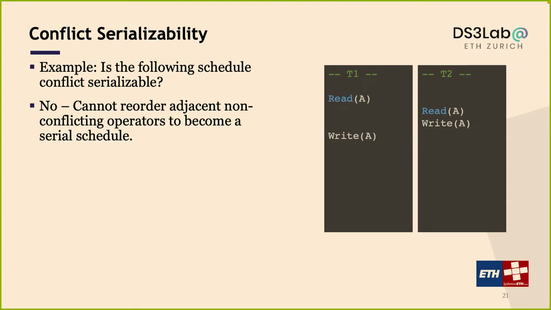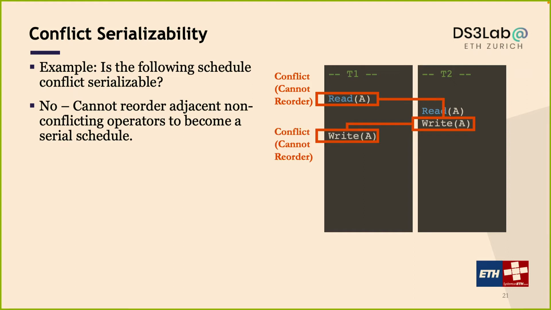Because you cannot swipe non-conflicting adjacent operators to get a serial schedule. How can I know that? Because if you look at this pair, there's a conflict. No matter how I swipe, the read will always be before the write. There doesn't exist a case where I can swipe the order. And if you look at this pair, there's also a conflict.